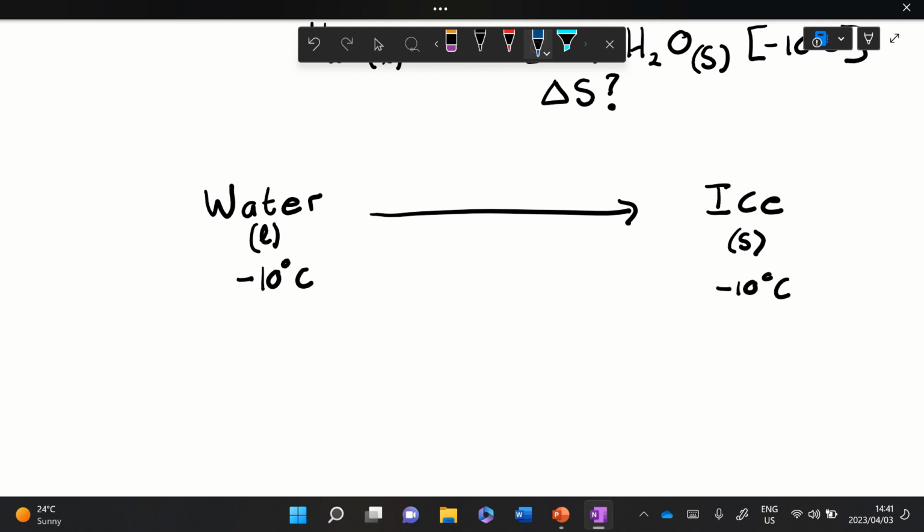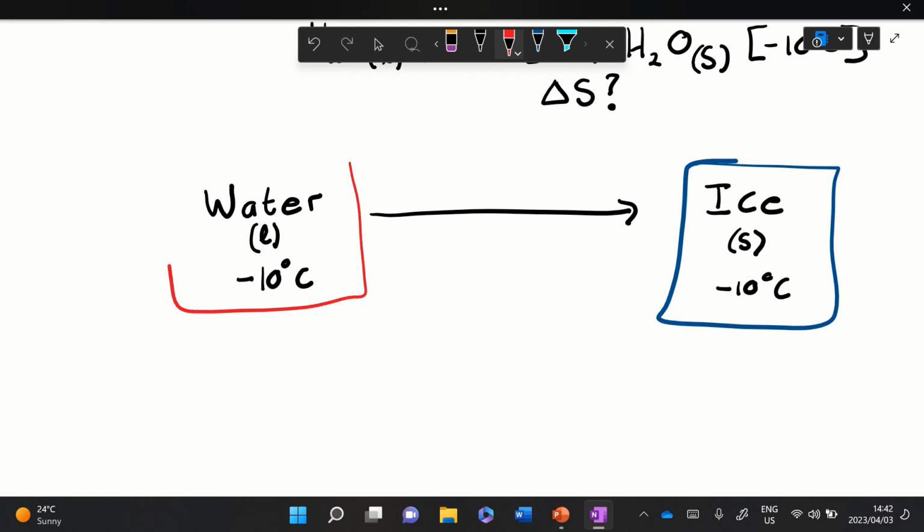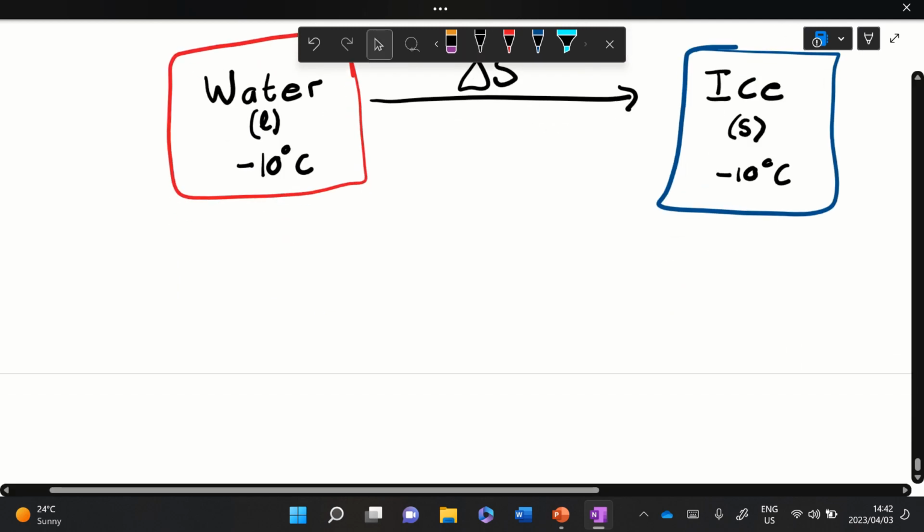Let's make this blue, let's make this red. It's not really hot, but just to keep my bearings. So there's some delta S that we want to calculate here, right?